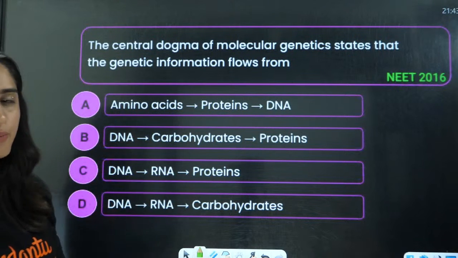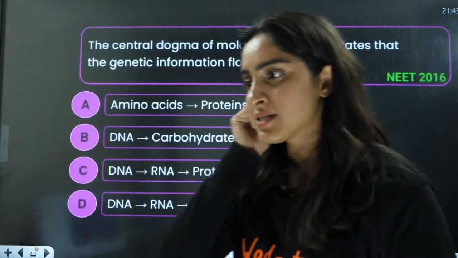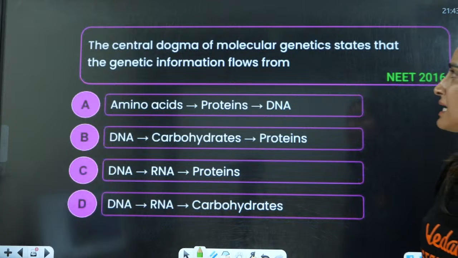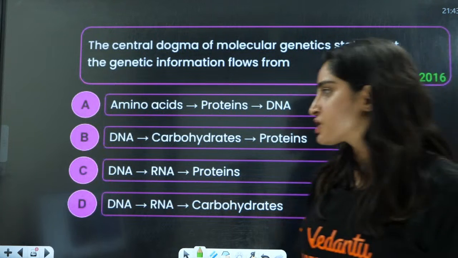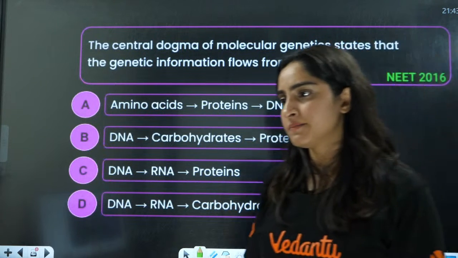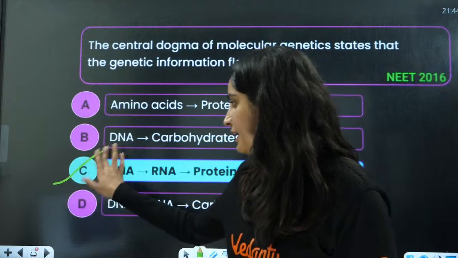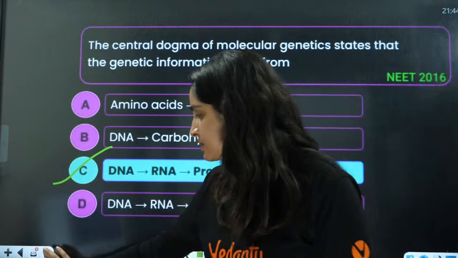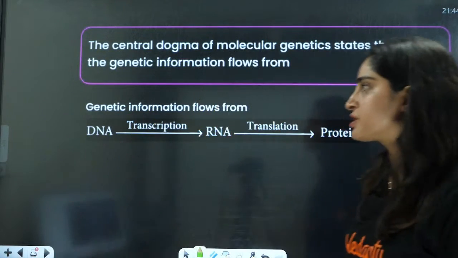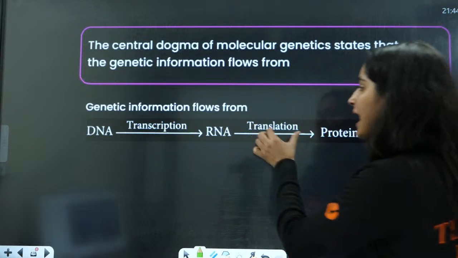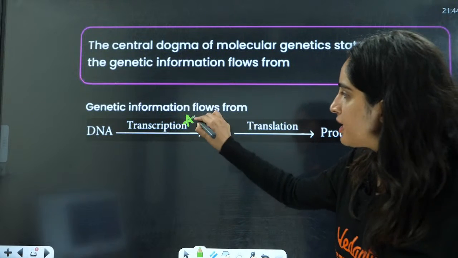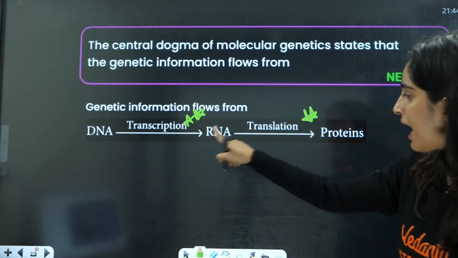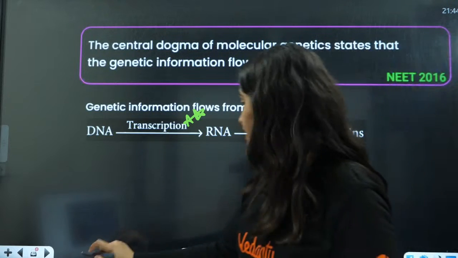How is genetic information transferred? DNA, then RNA, then proteins. From DNA to RNA is transcription. RNA to proteins is translation.